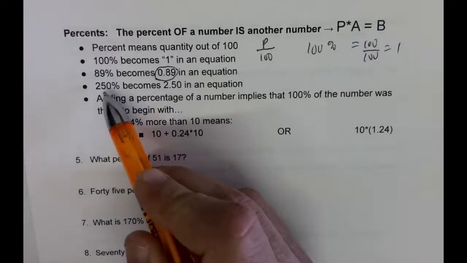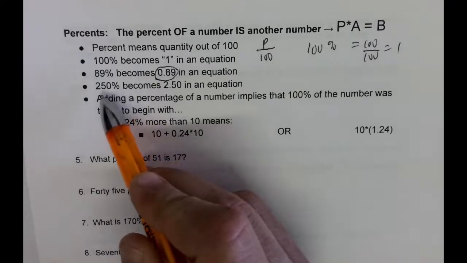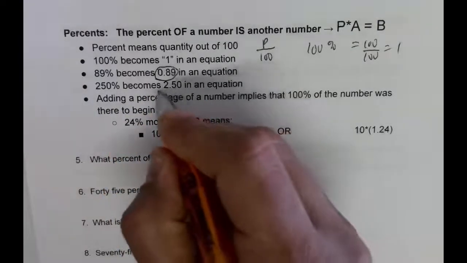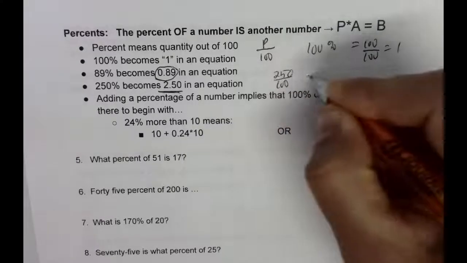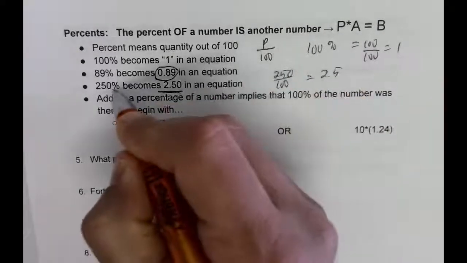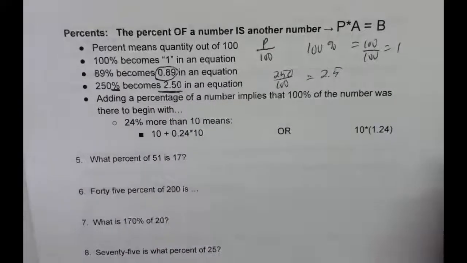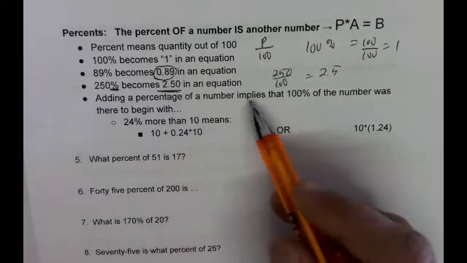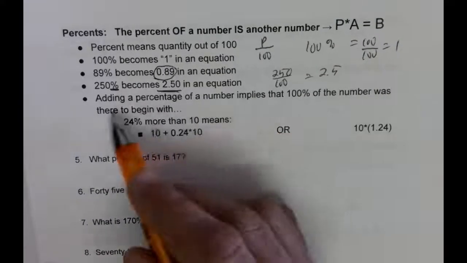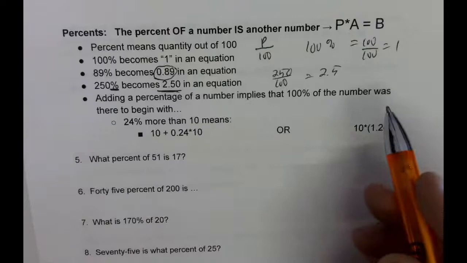250%, I talked about a lesson where percents over 100 were a thing. 250% becomes 2.5. Again, you can simply check it. 250 divided by 100 is 2.5. The percent sign is simply a rule that says, take this portion out of 100. So when we add a percentage of a number, that implies that 100% of the number was there to begin with. What in the world do I mean there?